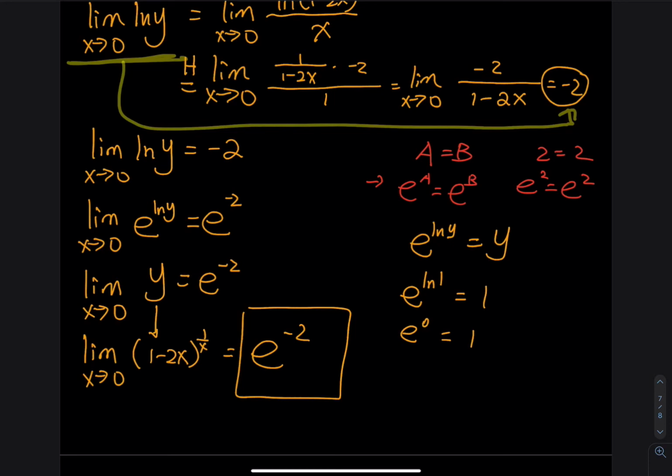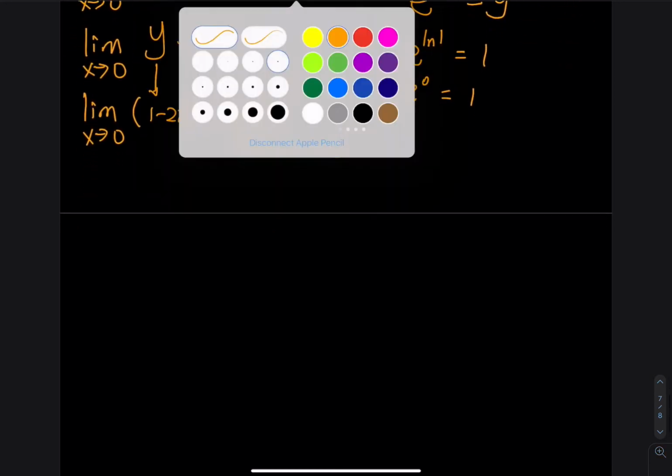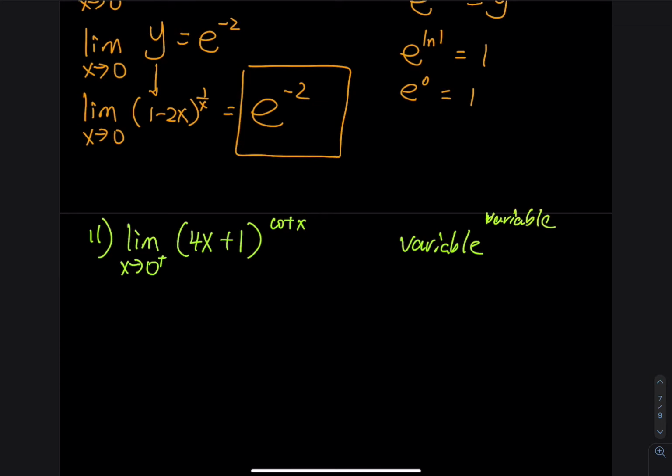And then number 11 is more complicated. Number 11, we have the limit as x approaches 0 from the right of (4x plus 1) raised to cotangent x. Since we have a variable as a base raised to another variable, this problem, we have to apply logarithmic differentiation.